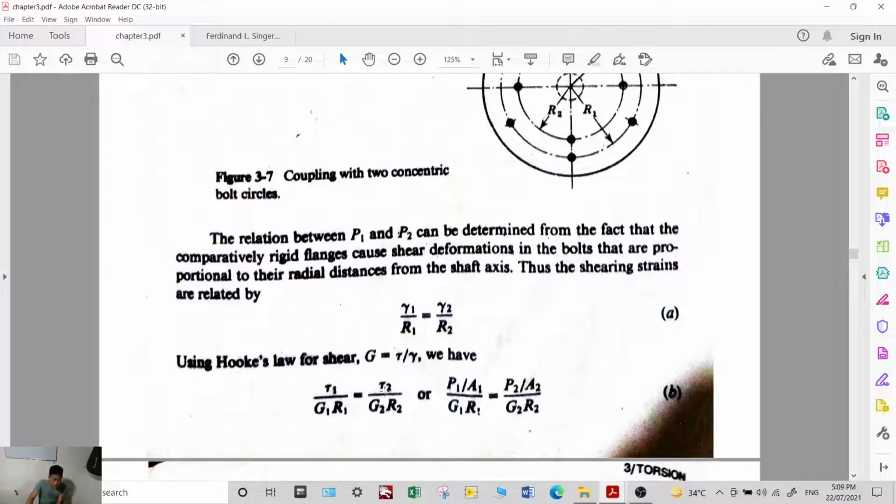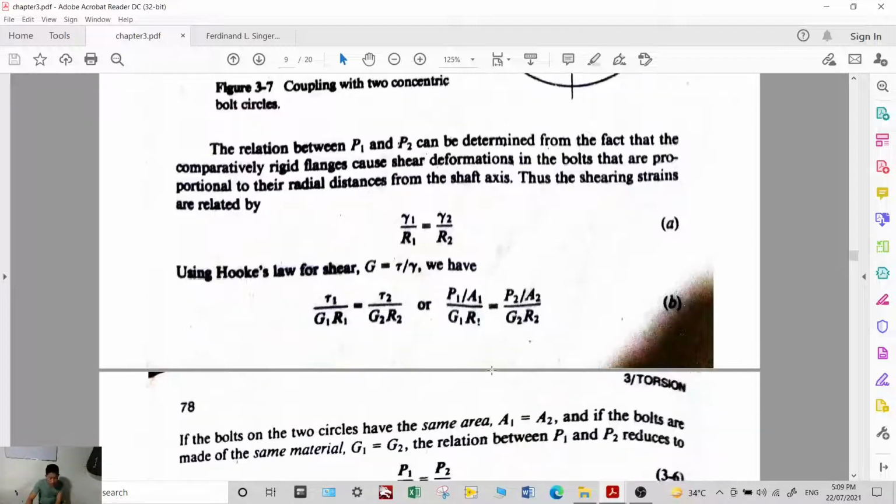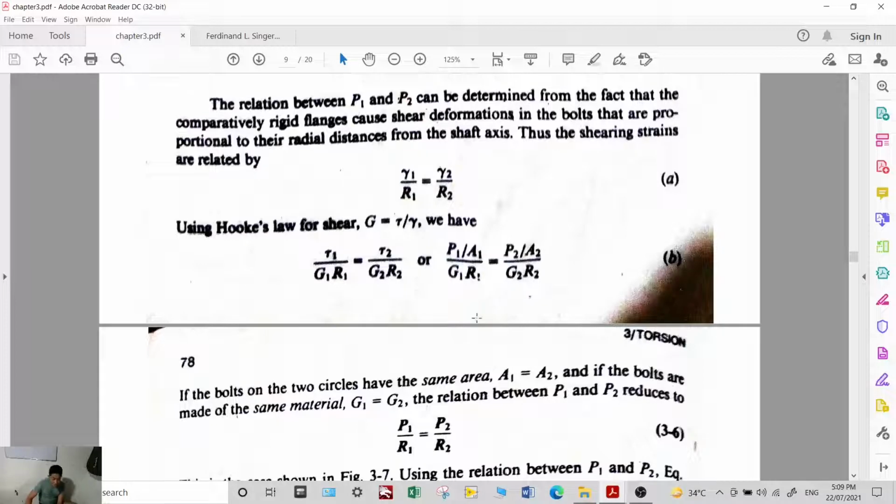And then using the equation for Hooke's law for shear, you have this one. Atong ilisdan ning gamma 1 with tau over G. But remember that the shearing stress is P1 over A1. So, you have this one. Now, for the same material, so same ang G1 and G2.